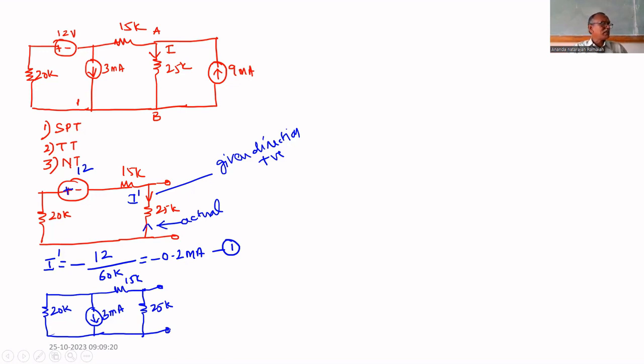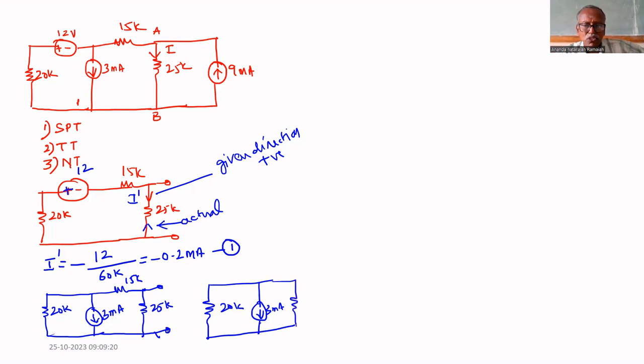This is also very simple. We have to find the current through 25K. We can draw one more circuit. Actually, that is not required, but anyhow, let us draw. Let us draw 20K, 3 milliampere, and these two are in series, that's why 40K. Am I correct or not?